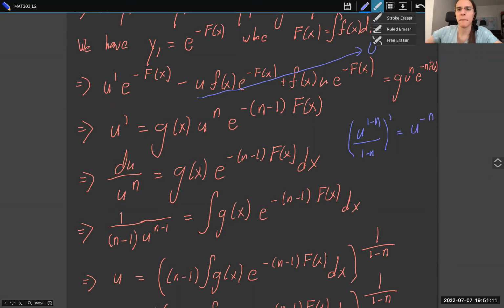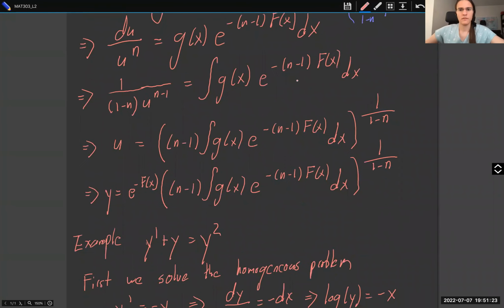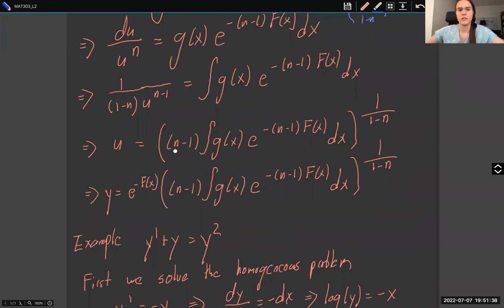So you're right. And I think the same for the power of u. The power of u is 1 minus n, but this is at the bottom, so it's n minus 1. Okay, I see.